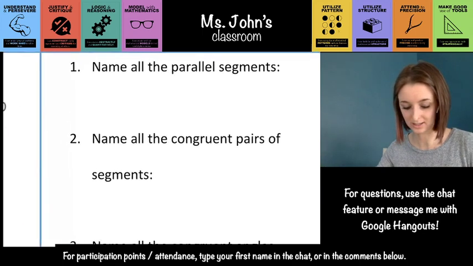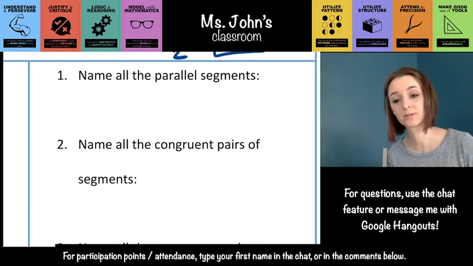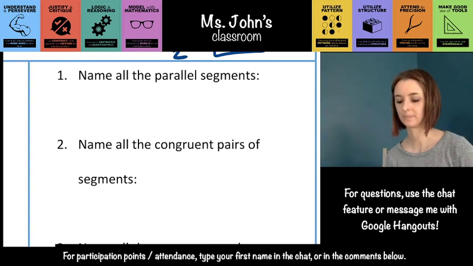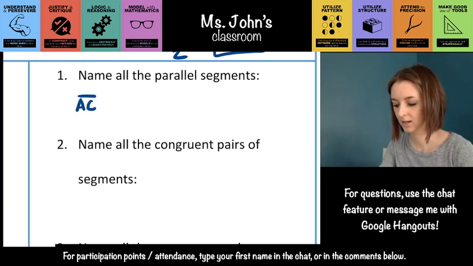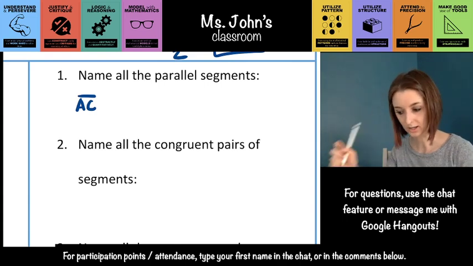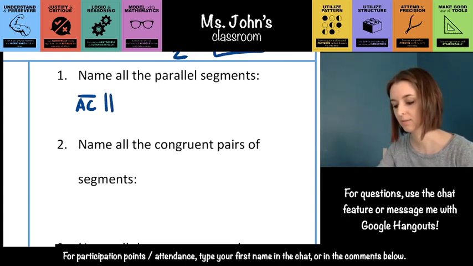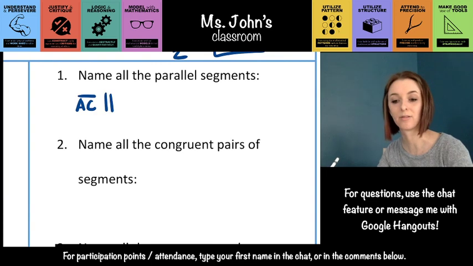I'm going to do this because it's fun to make the symbols, and also it'll be helpful for you to see some of the math symbols again. So AC is a line segment, so you use the little line over it. This symbol means parallel. You just draw two parallel vertical lines.